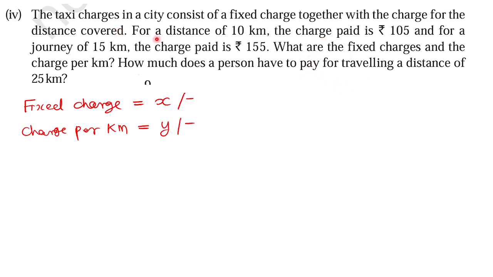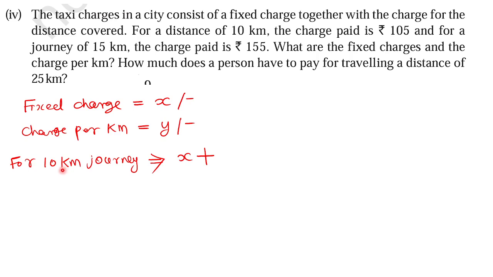So the first sentence: for a distance of 10 km, the charge paid is 105. Let me write it in words, then you will not have any confusion. For a 10 km journey, what is the taxi charge? The fixed amount will always be there, plus 10 times y.